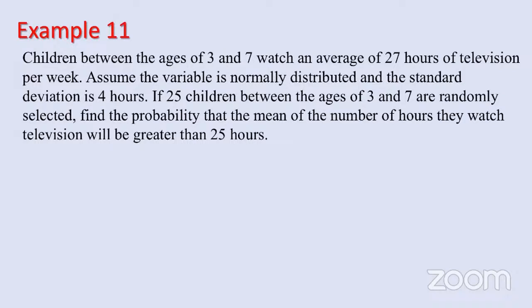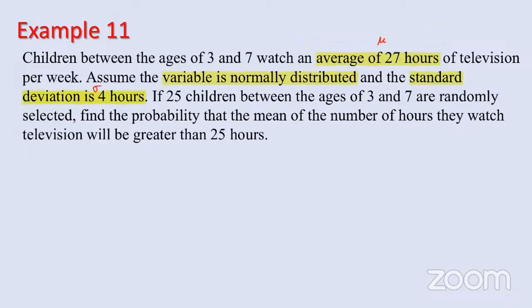In general, for the population, let me highlight that. For the population, the average is 27 hours. That's your average. And also, they said that the variable is normally distributed, meaning the population is normal. And the standard deviation is 4 hours.